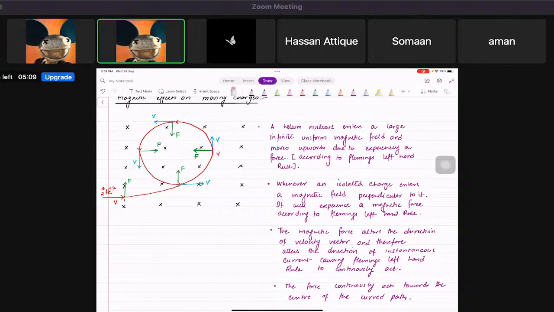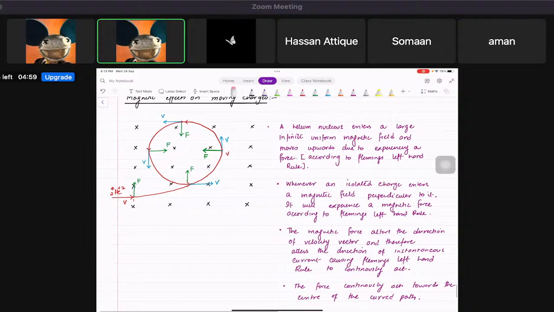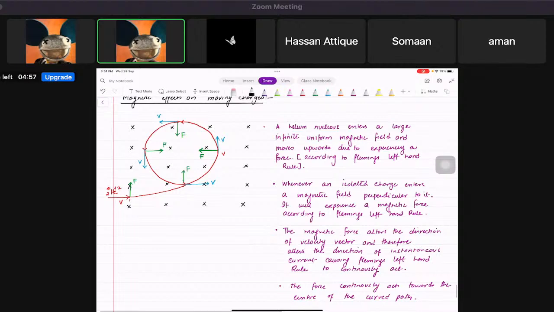Before we go into that, let's first derive the equation for a solitary charge moving. Let's do this small derivation, and then we'll conclude the whole thing.